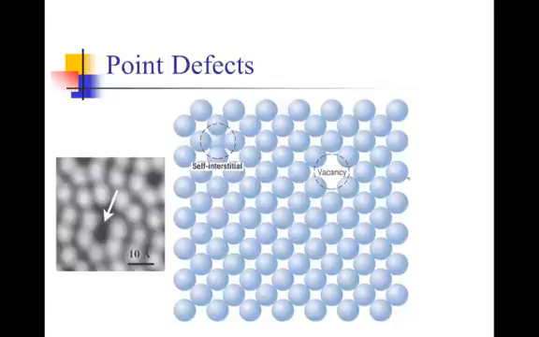Okay, the last thing that I want to talk about in this lesson are the defects that can occur in crystals, because those also affect material properties and how easy the materials are to process. The first type of defect that we have in crystals is that we can have a vacancy, or a hole where an atom is missing. And we can also have an atom from the same material that's in a place where it doesn't belong, a self-interstitial site.